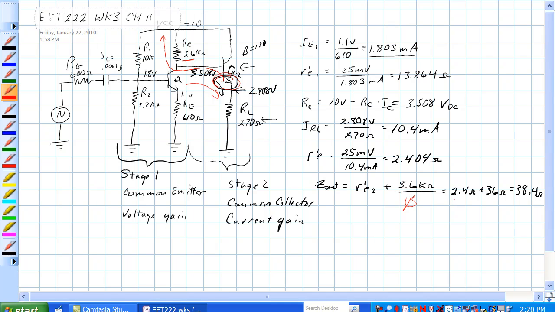So we end up with r'e2 plus 3.6k ohms divided by beta. We end up with 2.4 ohms plus 36 ohms.